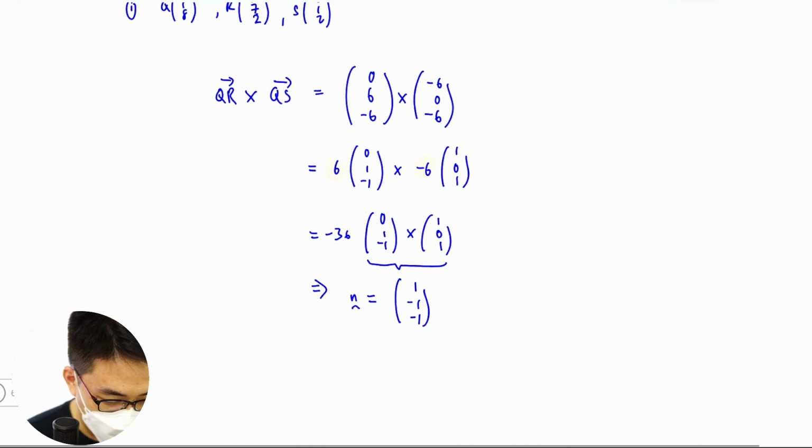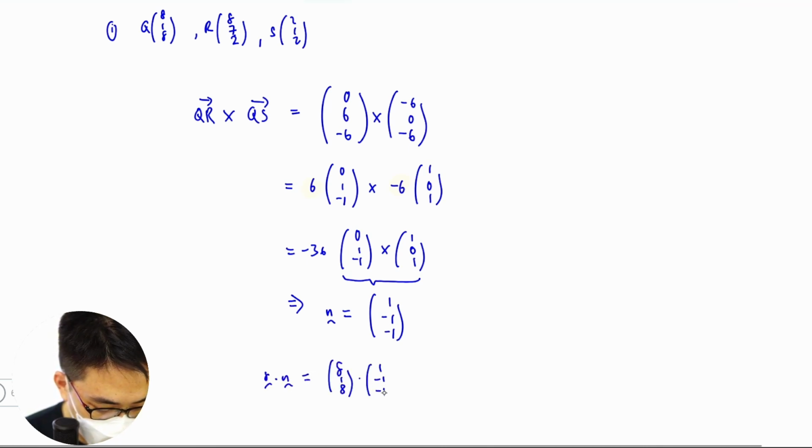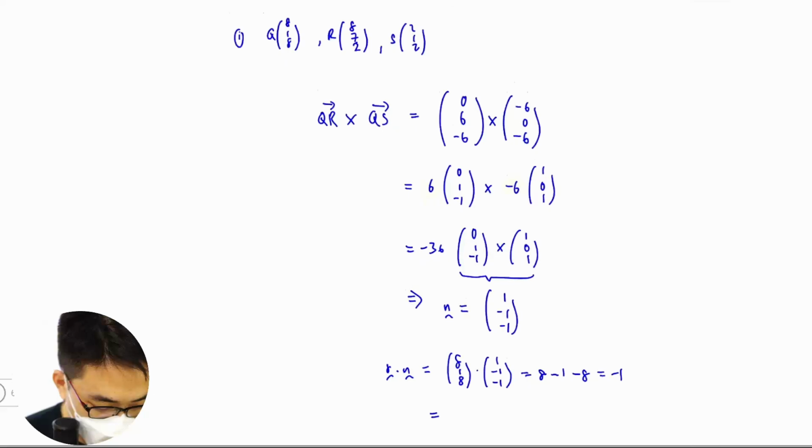To check your normal is correct, you just substitute all the values in. So n dot r equals, I use Q, and I also use R.